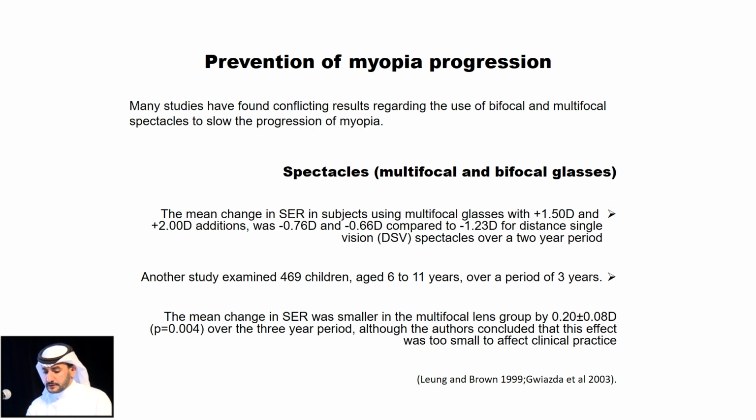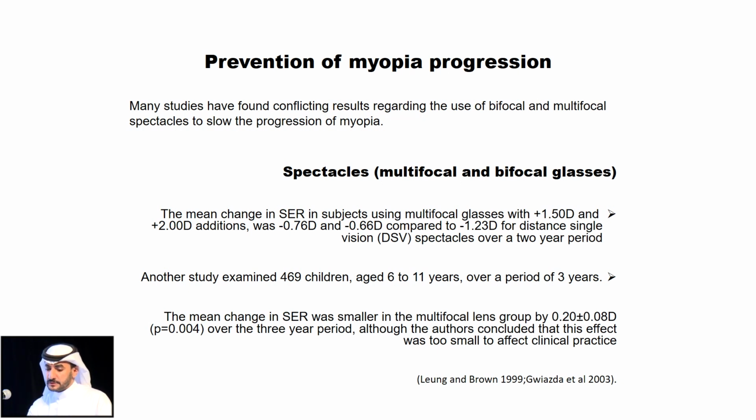A recent study as well from Gwiazda found that using multifocal glasses achieved only 0.2 diopter sphere. So we cannot rely on this method to control myopia because the number is very low. It can be statistically significant, but clinically not significant, and cannot be used in the future to implement this as an effective treatment.